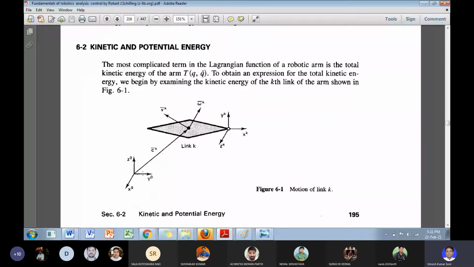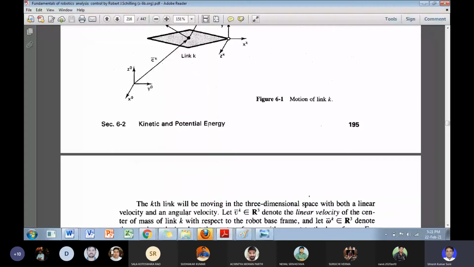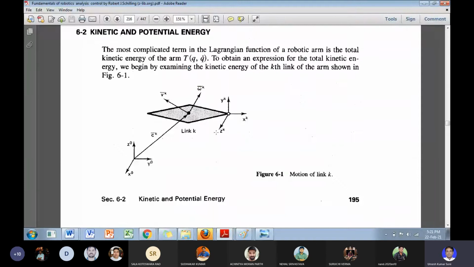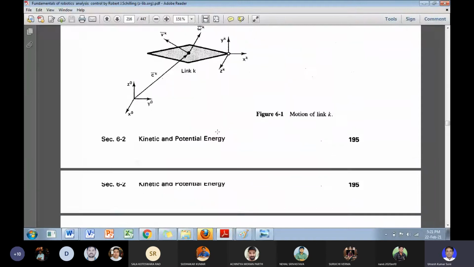So here let's take x0 y0 as the base frame, and link k has the joint velocity omega k and vk, with respect to the kth coordinate frame.